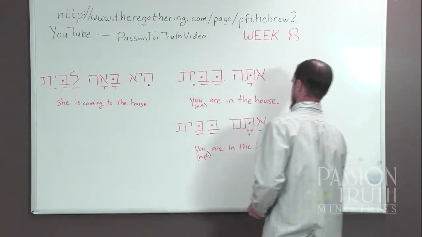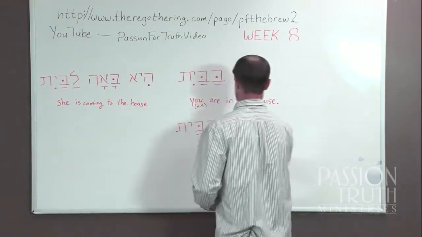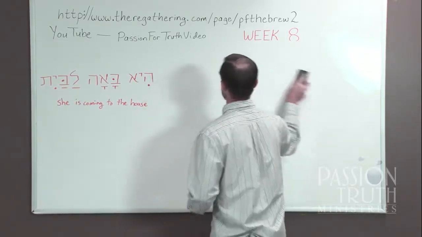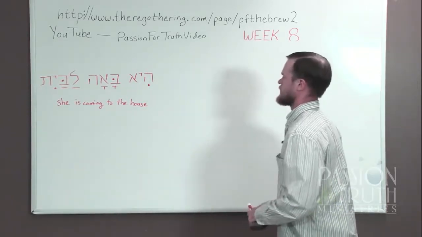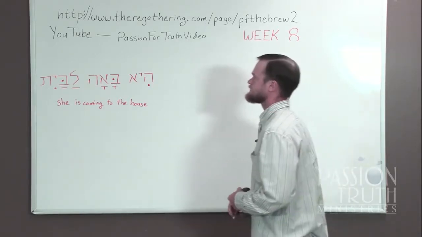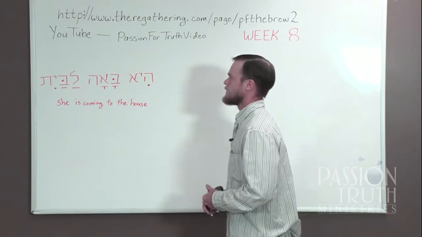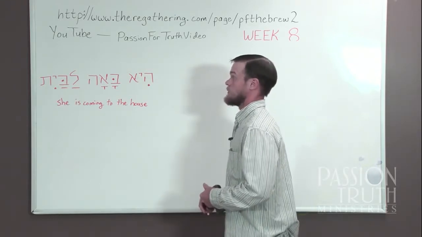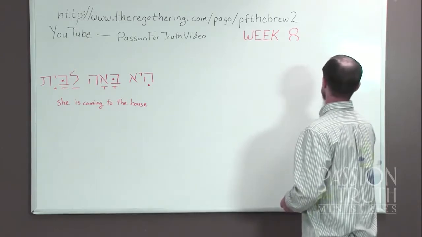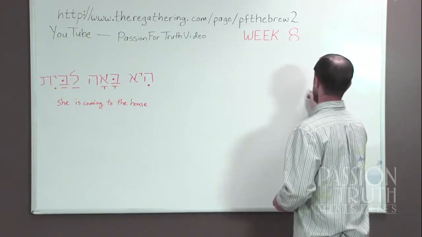And then if I were to combine just about everything that we've done, well, not quite. It's hard to combine everything, but suppose I was to say, she is coming to the big house. Okay, so we already know she is coming.